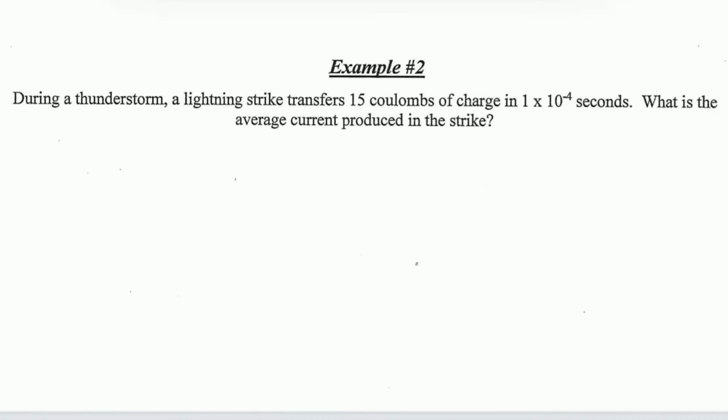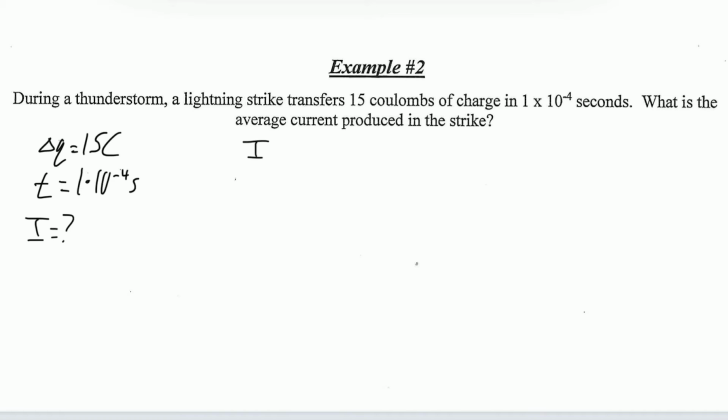Now let's take another look in which we're going to use current. In example 2, during a thunderstorm, a lightning strike transfers 15 coulombs of charge in 1 times 10 to the minus 4 seconds. What is the average current produced in the strike? We want to find out our current.